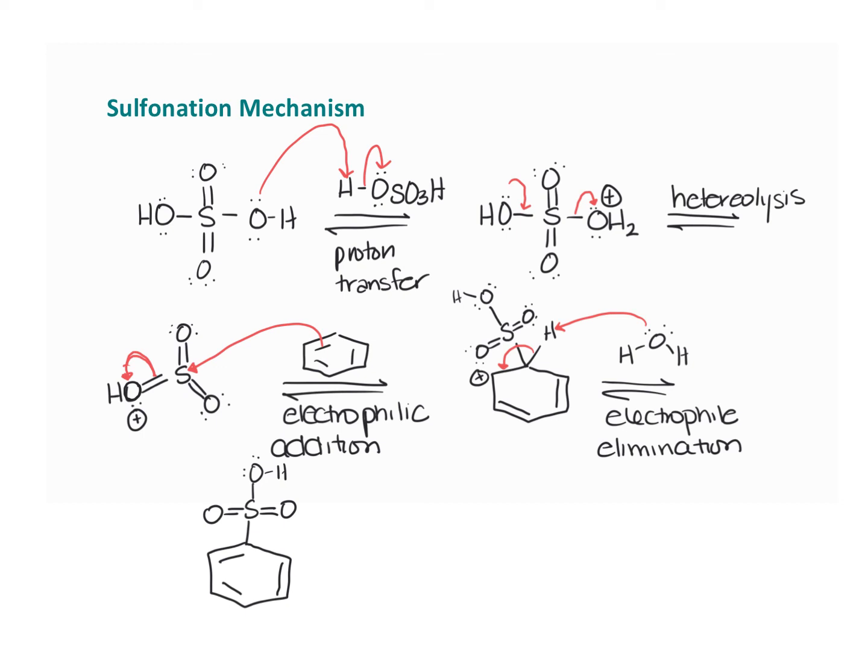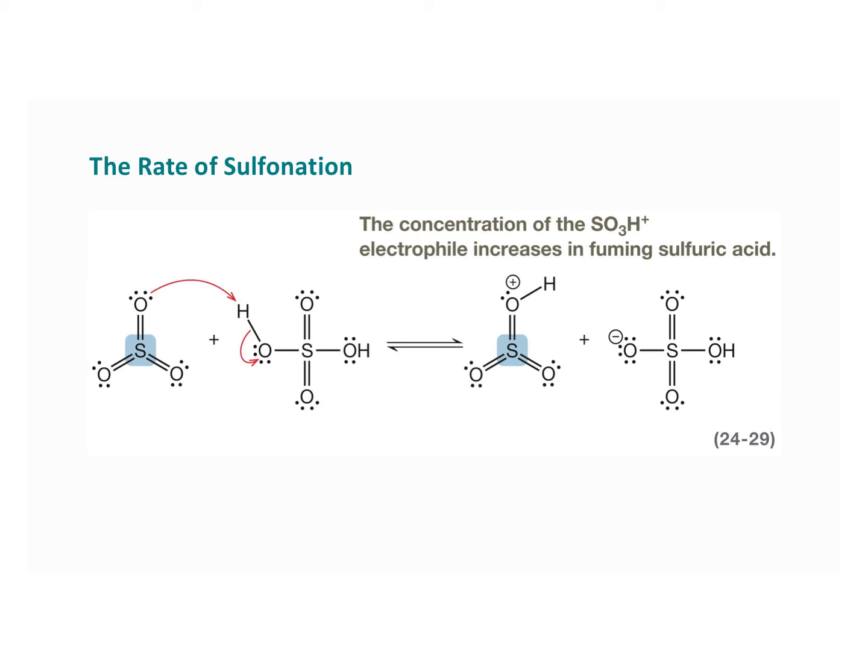Now let's talk about the rate of sulfonation. As we saw with nitration, sulfonation can be slow because the concentration of the HSO3 plus electrophile in concentrated sulfuric acid is rather small. So sulfonation can be sped up by using fuming sulfuric acid, which is concentrated sulfuric acid that's infused with SO3 right here.